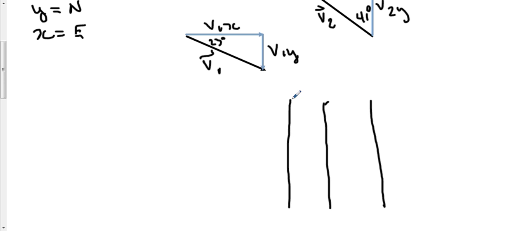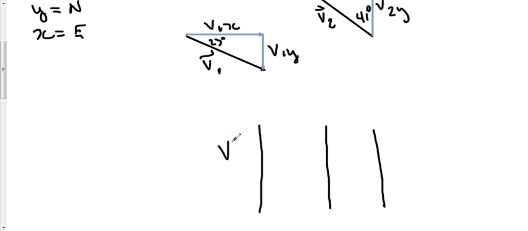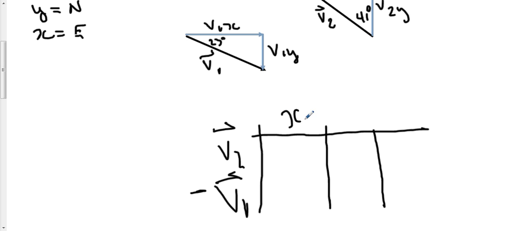I want a little more room just because I find it hard to write using this tool right now. I'm still not used to it. So remember, what we're doing here is going to be v2 minus v1. And I'm going to have my x component and my y component, like so.